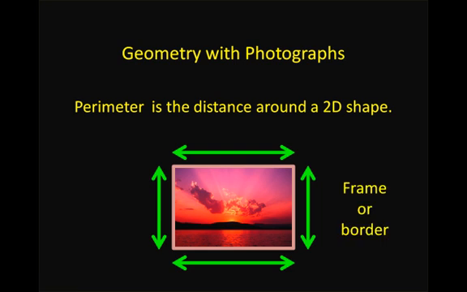You can think of the perimeter as the frame or the border, or you might think of it as a fence completely encircling a yard, or think of it as the edge. And one little memory tool that you can use to remember perimeter is the word rim, R-I-M, which is right in the middle of perimeter. So rim goes all the way around the edge, and you can use that to remember the perimeter.